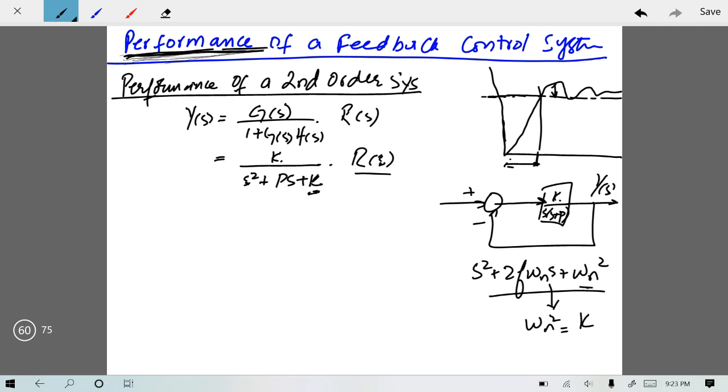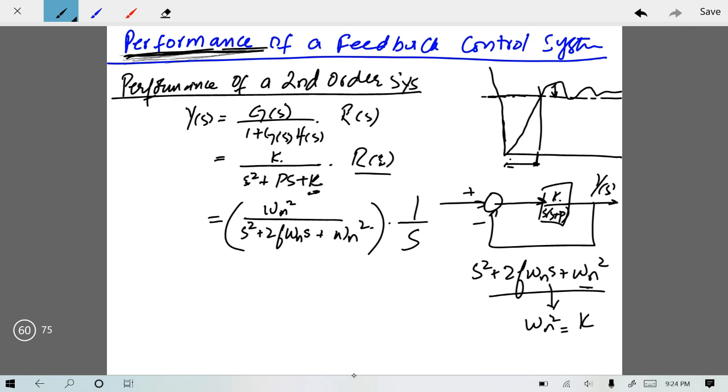So in place of k I can write omega n square over s square plus 2 zeta omega n s plus omega n square, where 2 zeta omega n is equal to p and omega n square is equal to k. And for step input, r of s would be 1 over s.